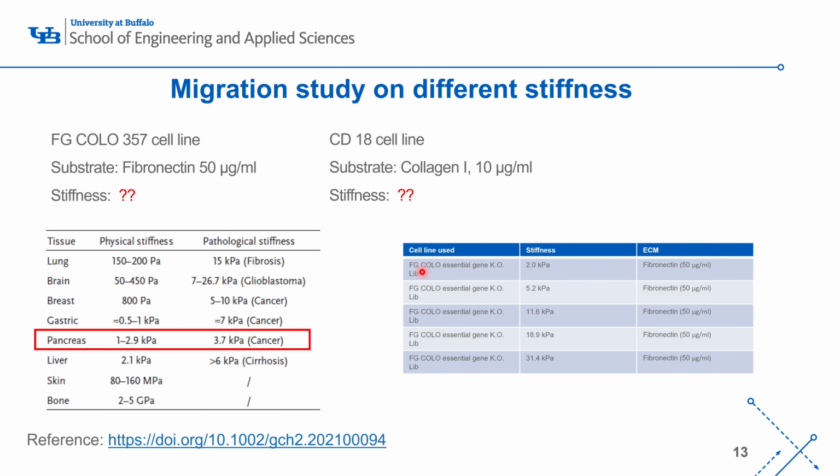So this is what I am currently doing: checking the migration assay of the FG-Colo essential gene libraries at these stiffnesses: 2 kilopascal, 5.2, 11.6, 18.9 and 31.4.